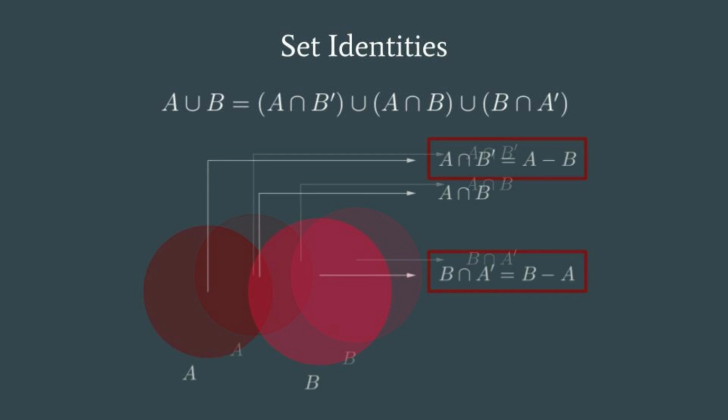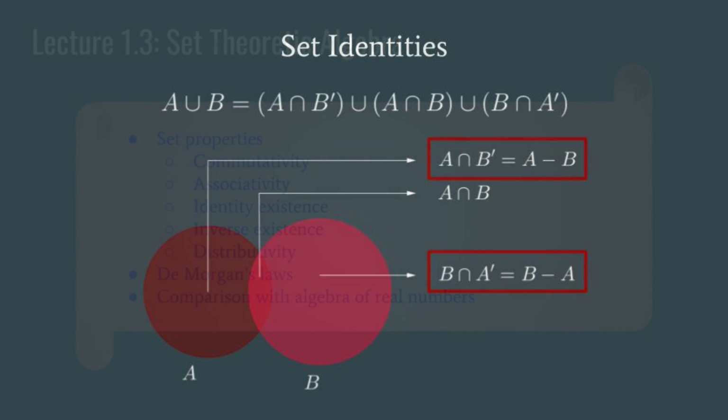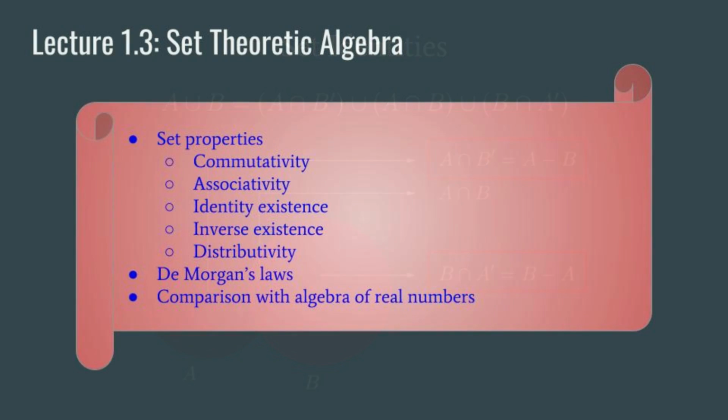Notice that A intersection B complement is equals to A minus B, and also B intersection A complement is equals to B minus A. Thus, in this lecture, we have learned several set properties such as commutativity, associativity, identity existence, inverse existence, distributivity, and also De Morgan's laws, comparison with algebra of real numbers, etc.